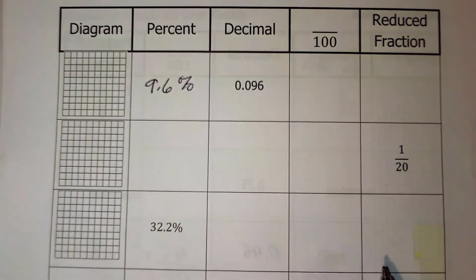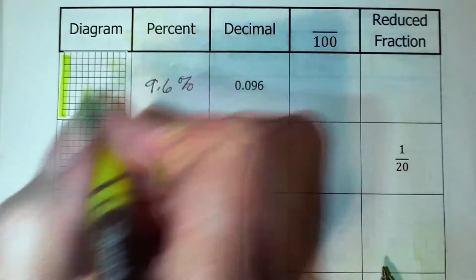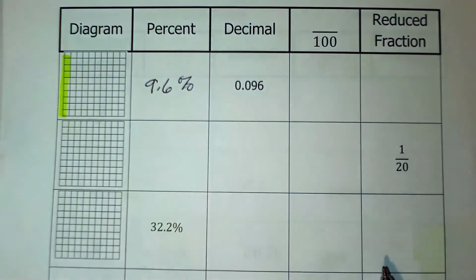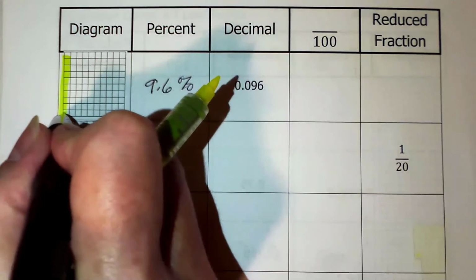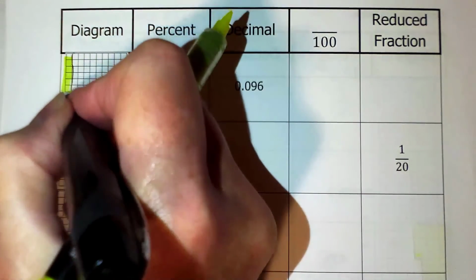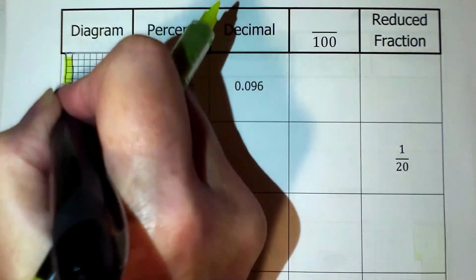So 9.6% means I have, this is 10%, so that's too much. It's really somewhere around here would be, it's a little more than 9.5%.